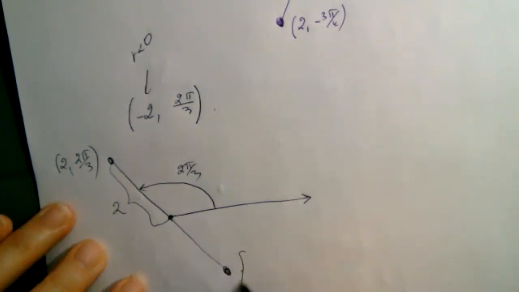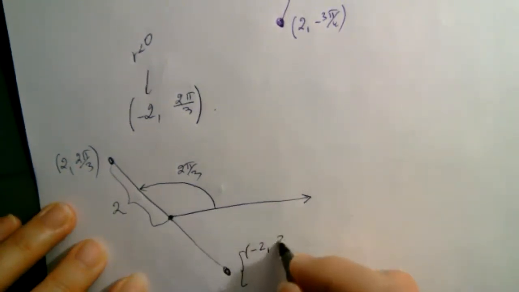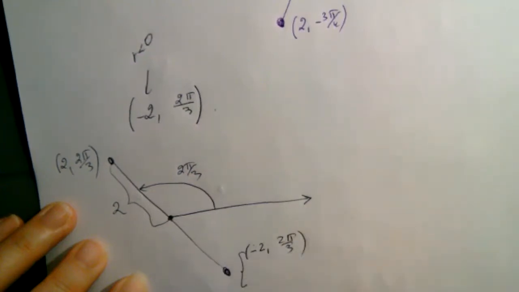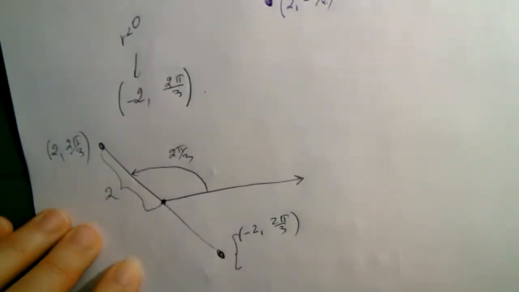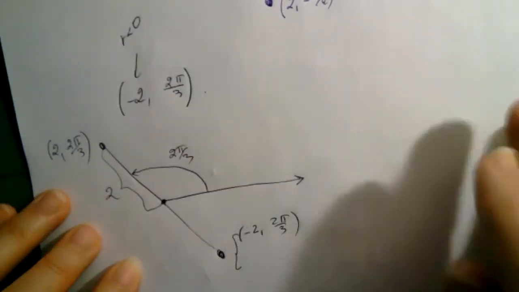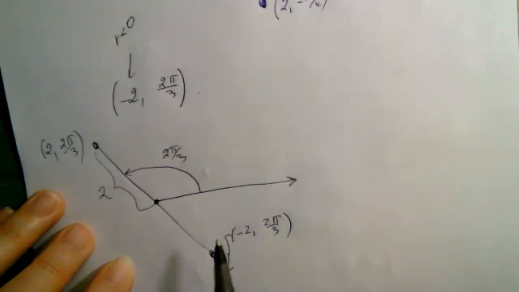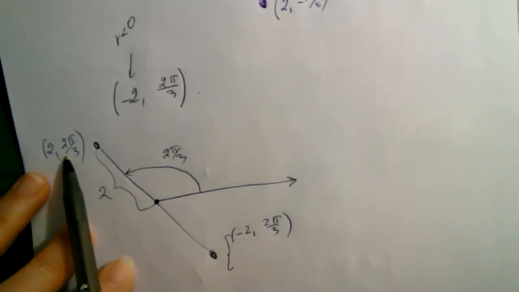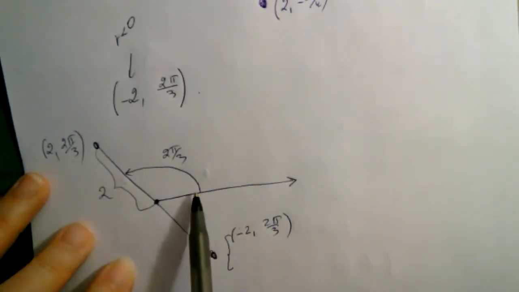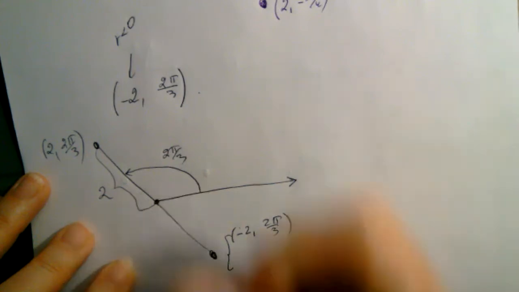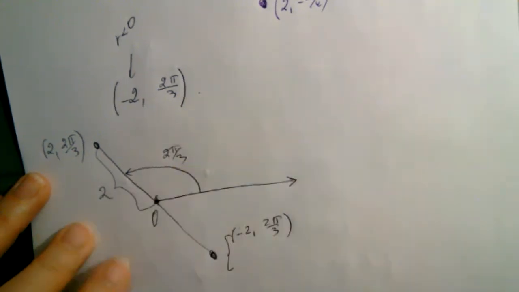So this point in polar is minus 2, 2 pi over 3. So when you have a negative r, the best way to sketch it is first you take the positive, and then you take the symmetric with respect to the origin. That's what a negative r means.